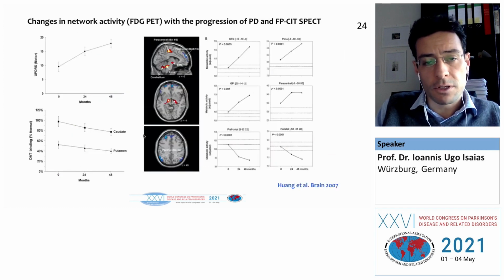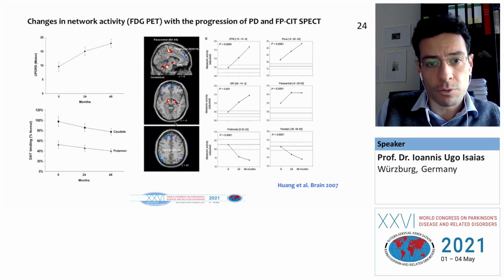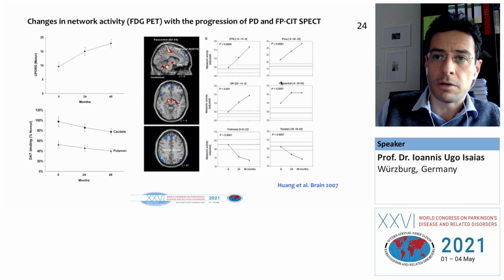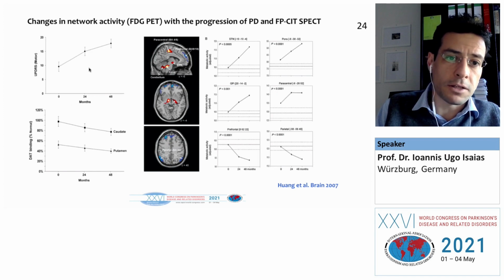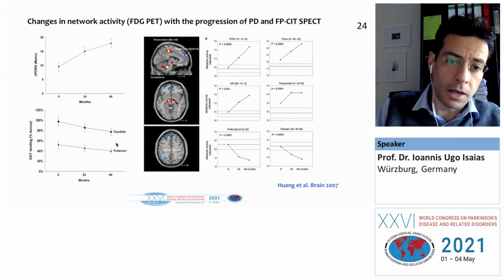Going back to the studies, this is another interesting study of David Eidelberg with glucose PET, which of course is here in the middle and right part of the slide. On the left side, there is the clinical disease progression with the UPDRS motor score, at baseline, 2 years and 4 years follow up, and the DaTscan decline over time.